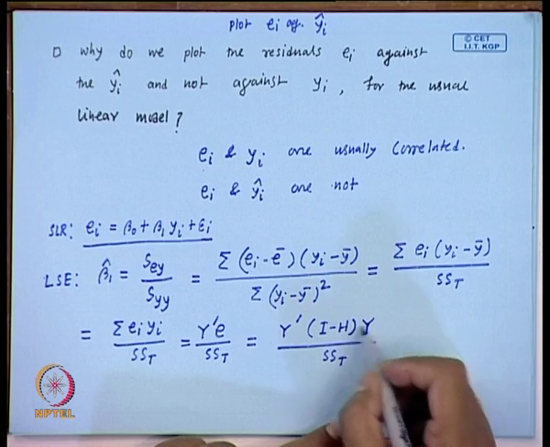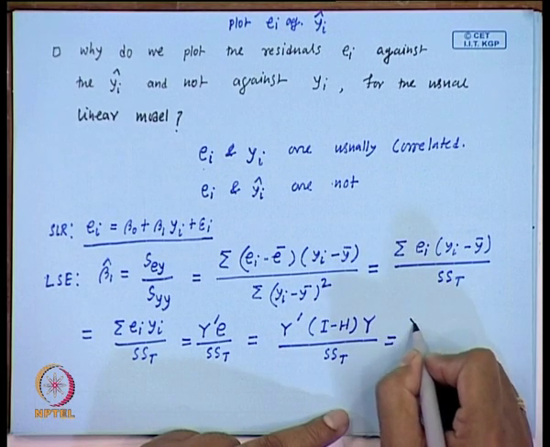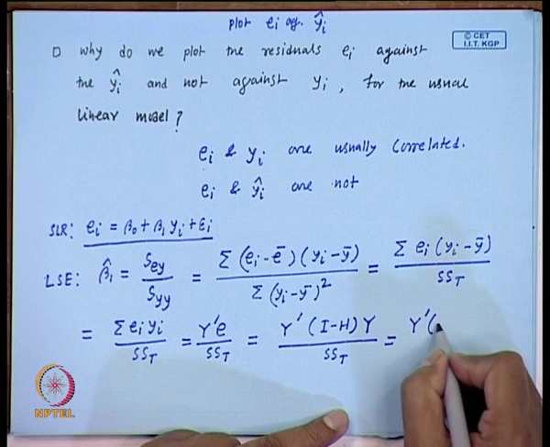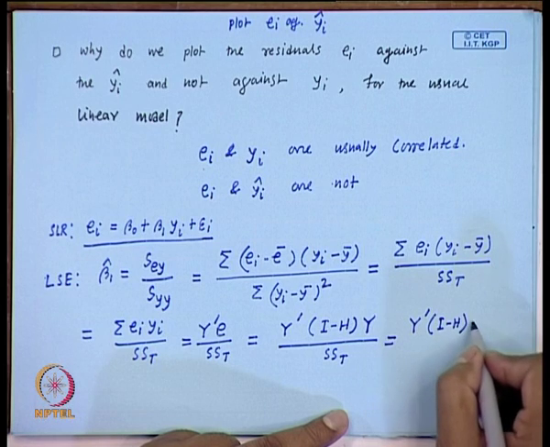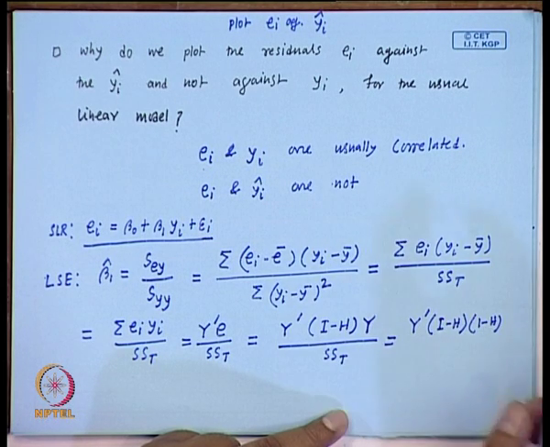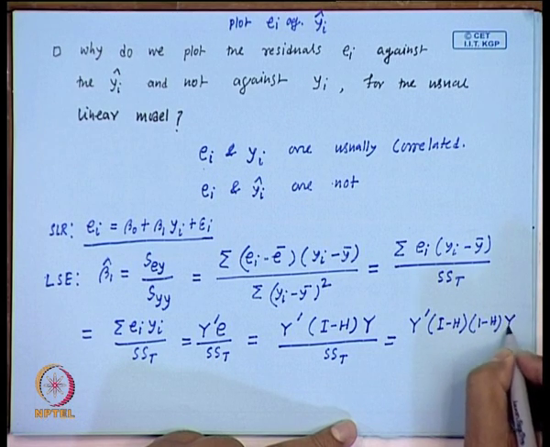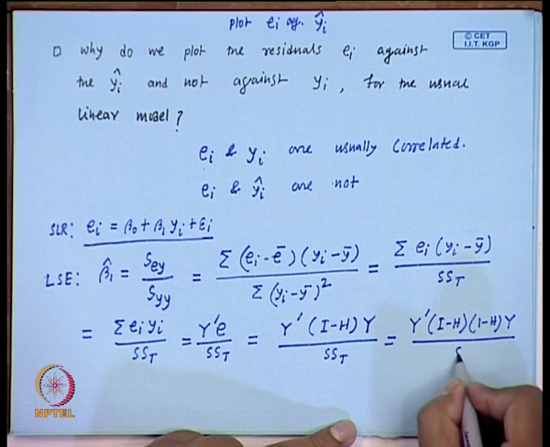So, I minus H can be replaced by I minus H square. So, this is equal to y prime I minus H into I minus H, because I minus H into I minus H equals I minus H, as I minus H is an idempotent matrix, into y by SST.